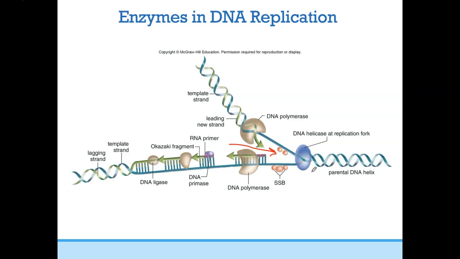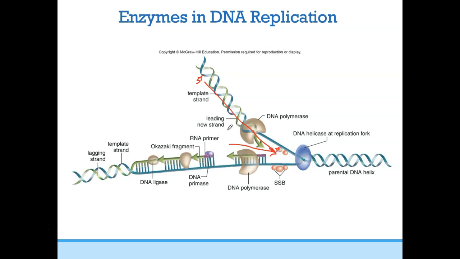And now we can see, since helicase is going this way, one strand could be made continuously. So we know this strand is the leading strand. This could be made continuously, 5' to 3'. However, this strand cannot be made continuously because helicase is going in the opposite direction of polymerase.